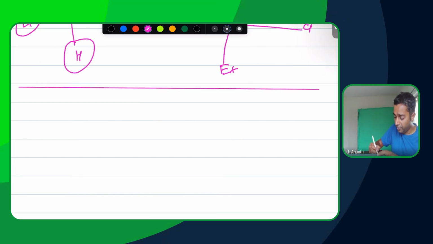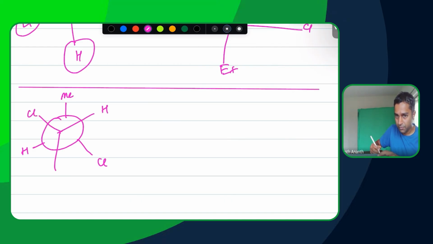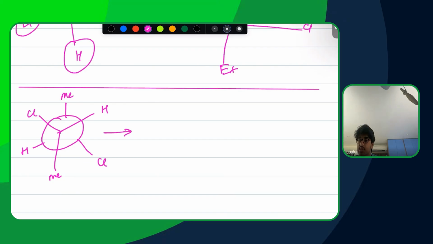Before you turn it into Fischer, another easy approach would have been to get it into an eclipsed form. So everything is perfectly opposite.